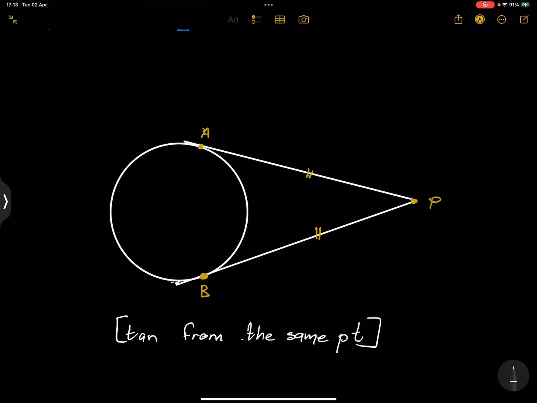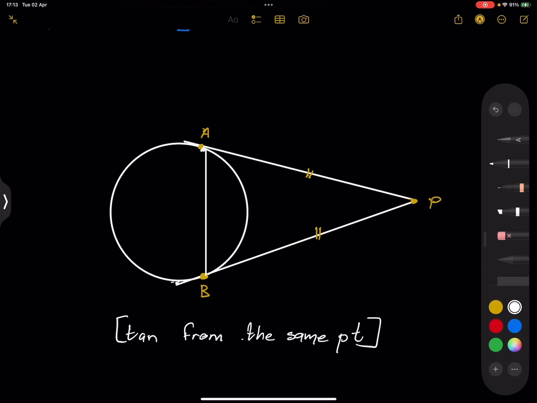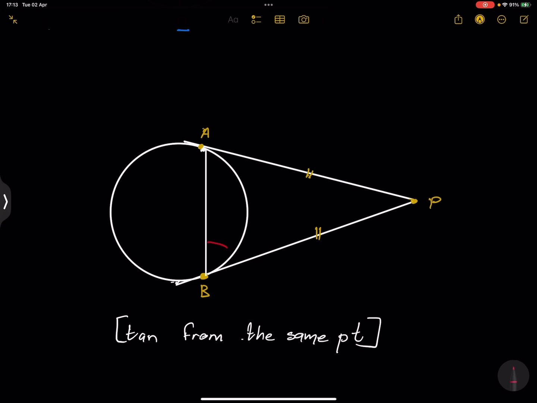Now please note guys, the moment you start having equal sides, what type of triangle would APB be? That would be an isosceles triangle.